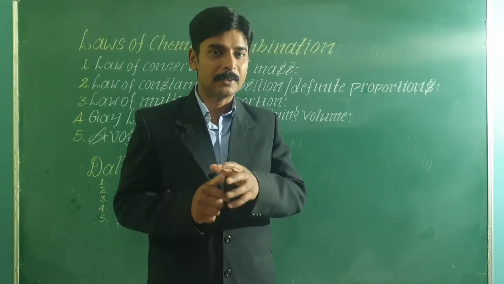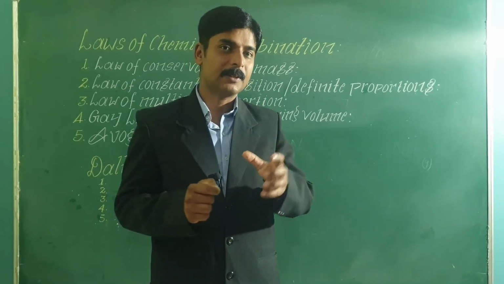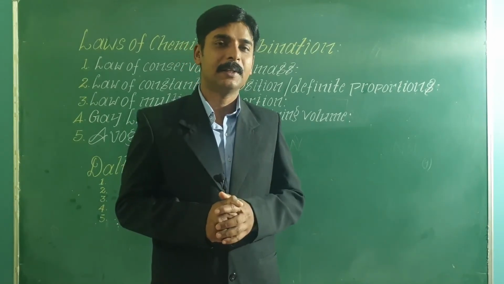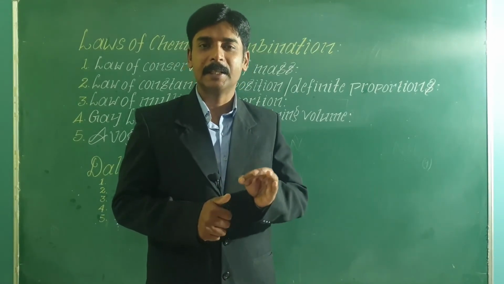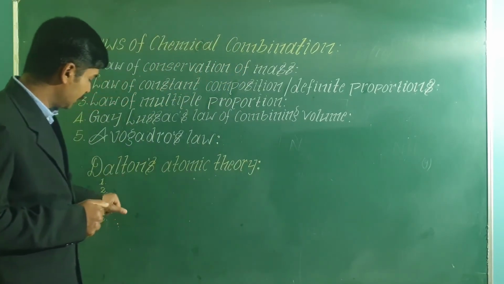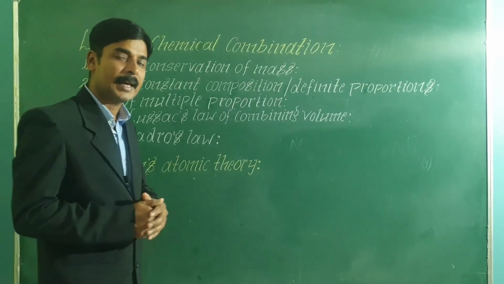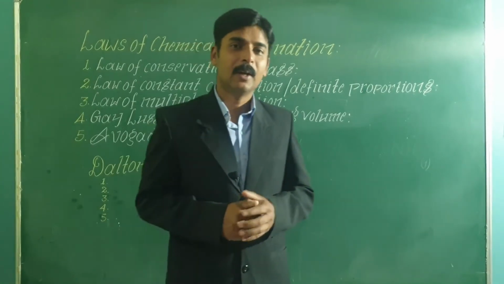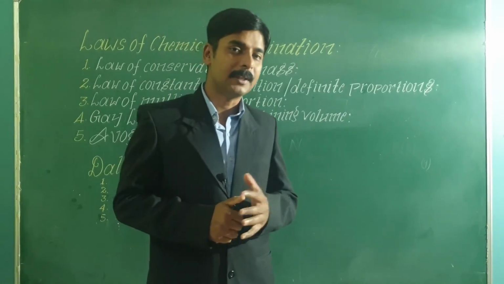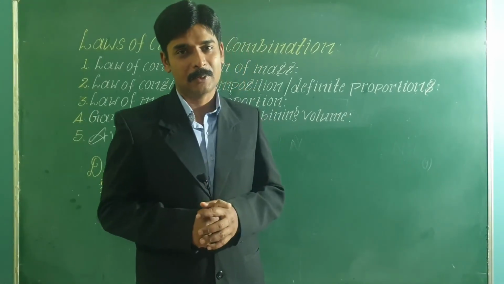You should not write such lengthy postulates. In a simple way, this is how you must write: every matter is made up of tiny particles called atoms. The second postulate is, atoms can neither be created nor be destroyed.